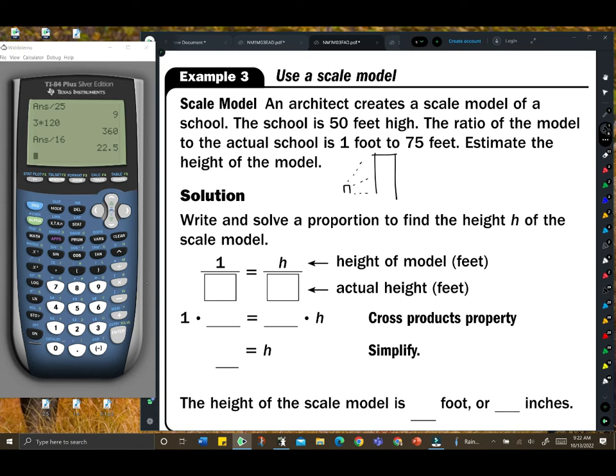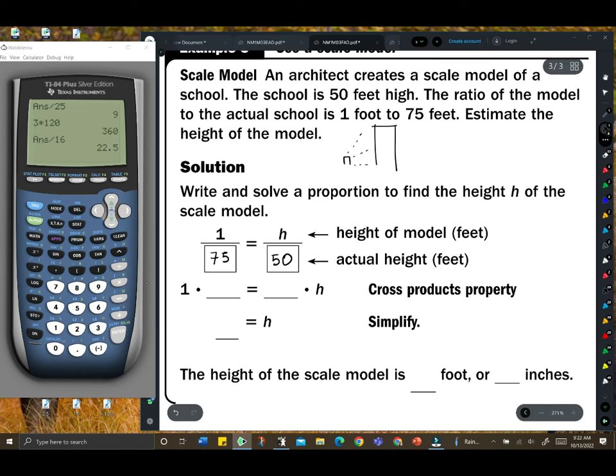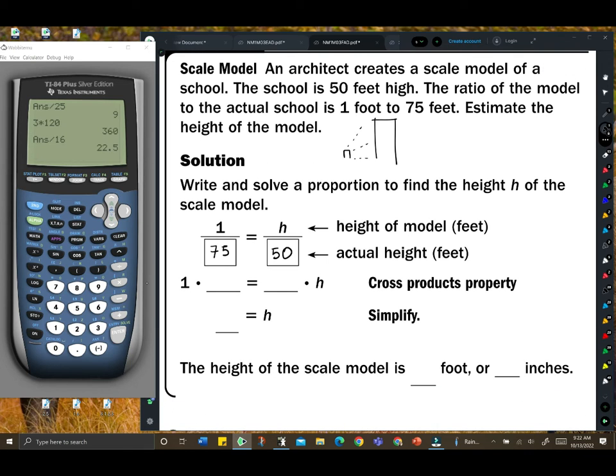So our original scale is 1 to 75. 1 foot is 75 feet. The school itself is 50 feet high. So we have 1 over 75 equal to the height over 50. We are going to do our cross multiplication. 1 times 50 is equal to 75 times the height. 1 times 50 is just 50, and we divide that by 75, and we get about 0.67, or 2/3.